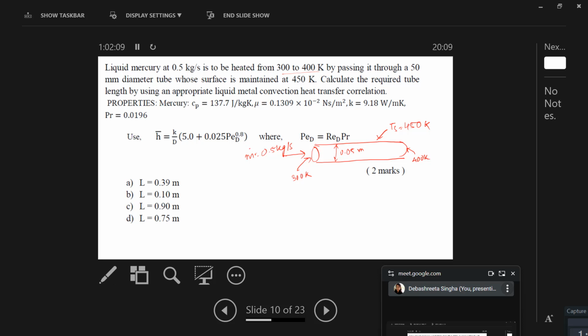So here again we start with the correlation, which is already given here. So first, for using this correlation, we need to find out the Peclet number Pe_D. Pe_D is given by Re into Pr. So again, we need to find out Re, which is 4m into pi D into mu.